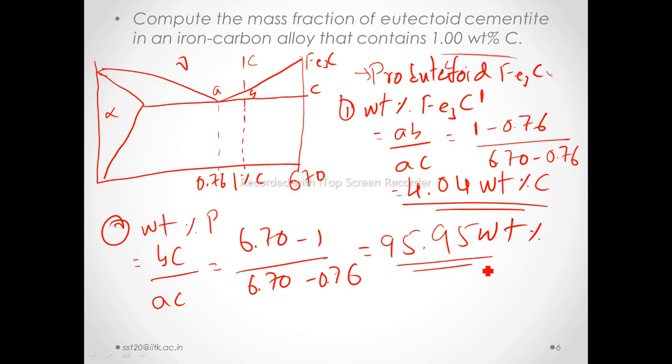In simple terms, we can also calculate it as 1 minus the weight fraction of proeutectoid cementite, because if you remove the proeutectoid cementite, only pearlite remains. That's why we are subtracting from 100.